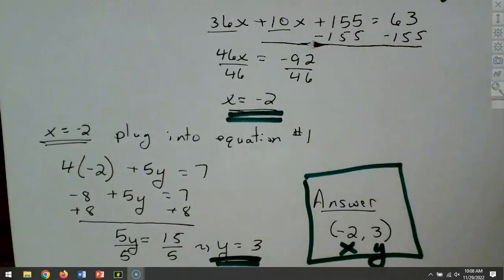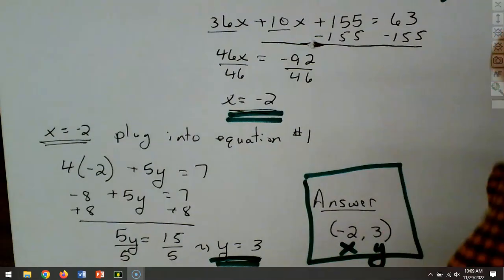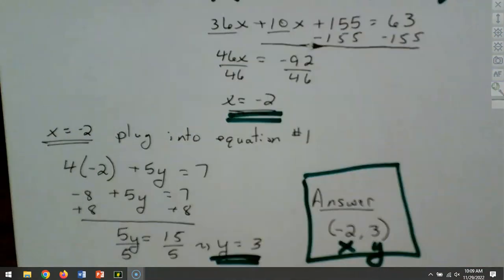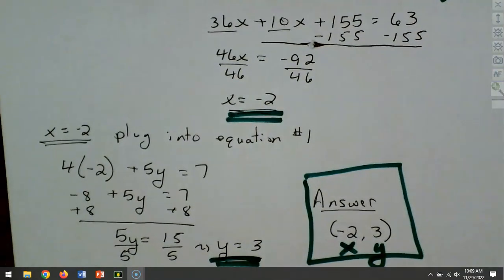So that method is called substitution. Next, we're going to learn how to use elimination, which is easier, I think. And then we'll talk about some special equations where they have either no solution or an infinite number of solutions.